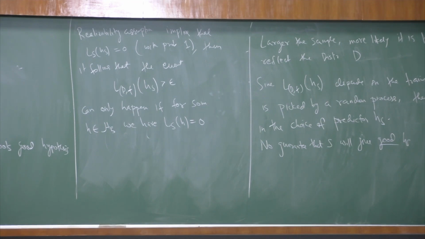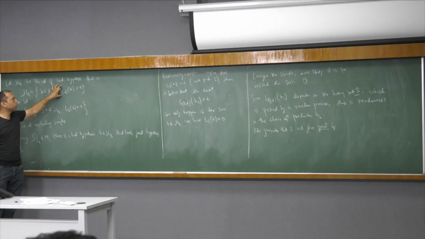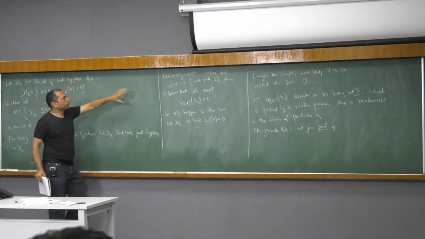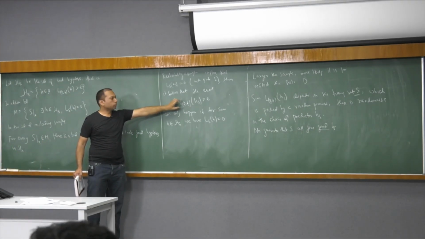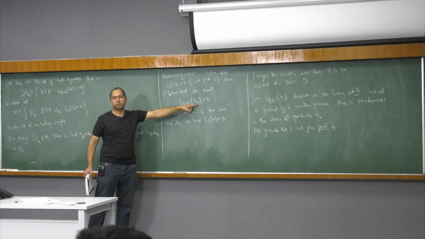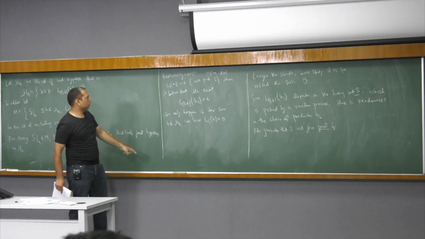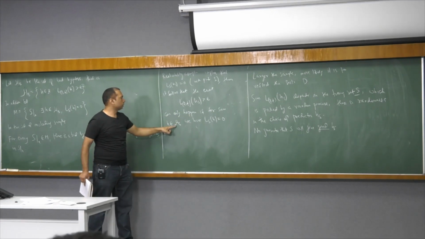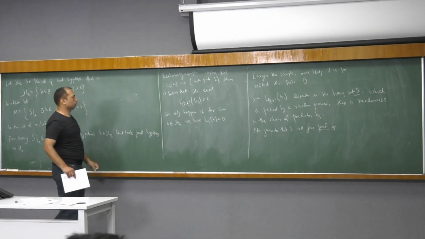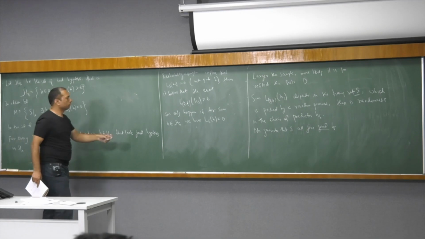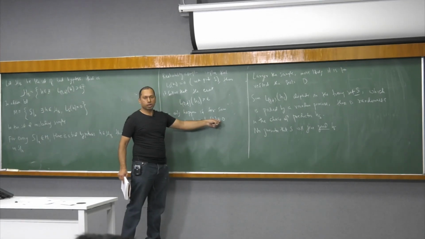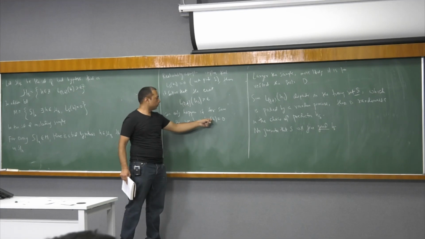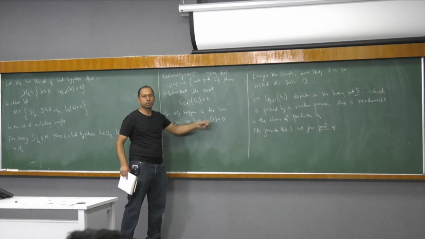Okay, so all are captured already here, nothing is left out, right? So if in case you made this, then this must be the bad hypothesis guy, right? So it can only happen if for some such h we had L_S(h) is 0, because we are picking h_S as an argmin of something, right?